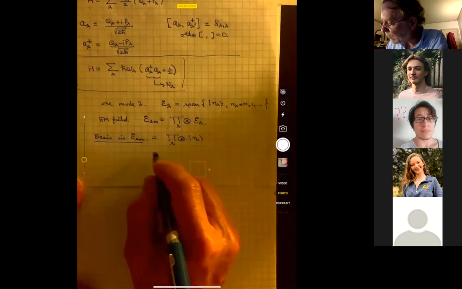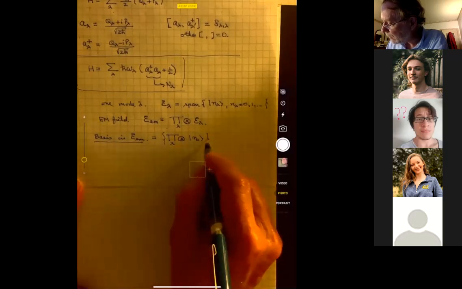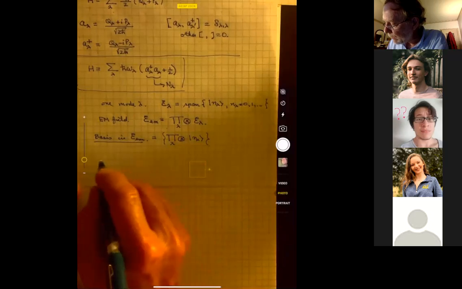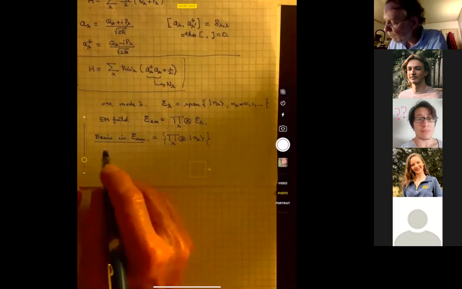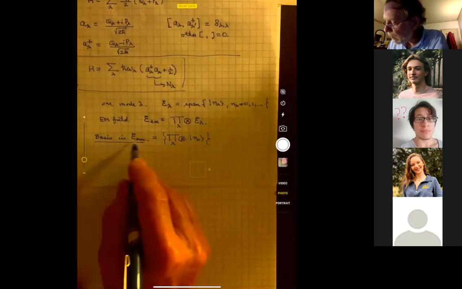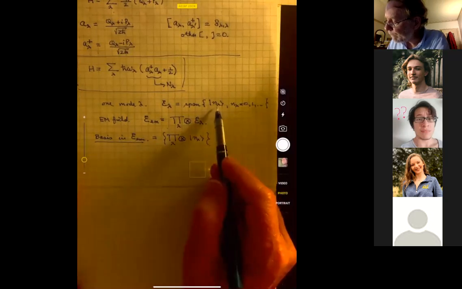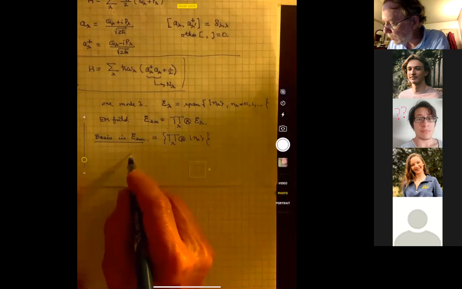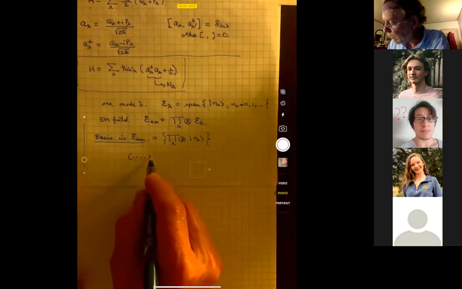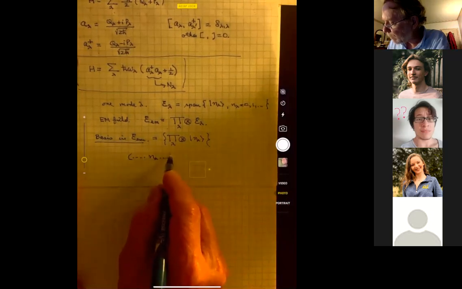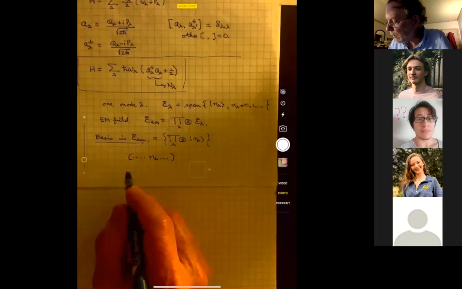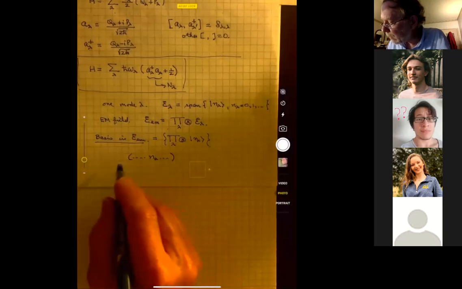In other words, a basis vector in the product space is given by a sequence of harmonic oscillator quantum numbers n lambda, one for each mode.